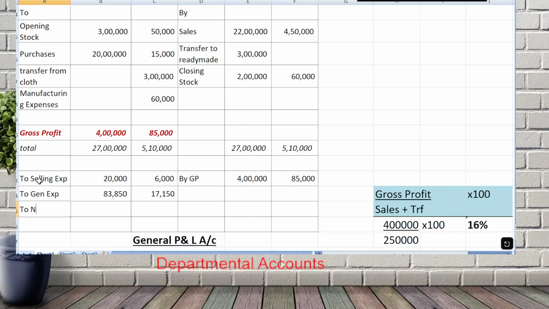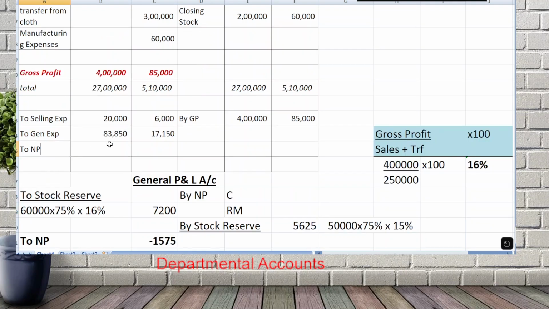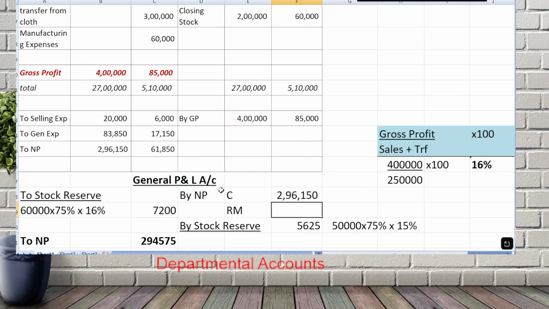Tally panna net profit. What is the net profit? 150. So in the general P&L account, bring this net profit, and then tally it.